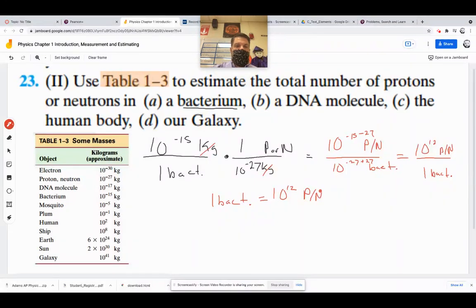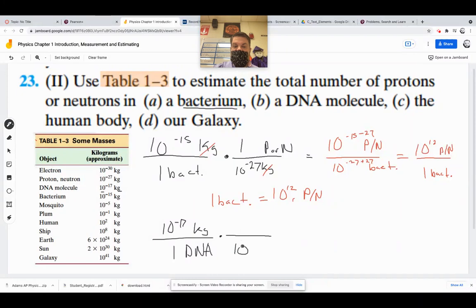So on the next one, if I do DNA, I'm going to start with the mass of the DNA. So I'm going to go down here. This is the mass of the DNA. And I'm just going to say 10 to the negative 17 kilograms is the mass of 1 DNA molecule times, and this last part should be the same for all of these.